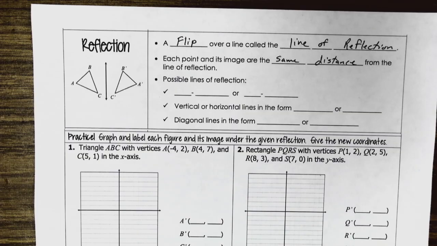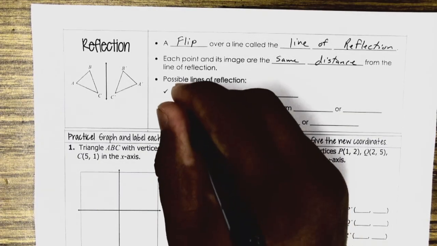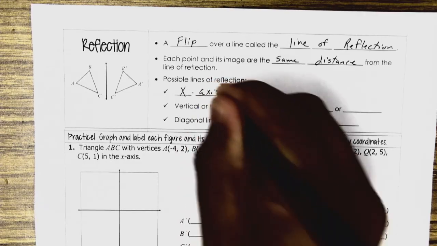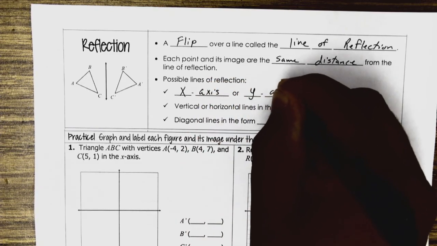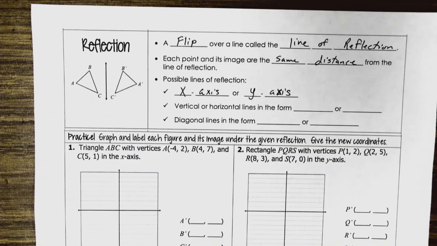Okay. So, possible lines of reflection. The most popular ones we're going to be using are reflecting over the x-axis and the y-axis. And then, of course, we can reflect over other types of vertical and horizontal lines.